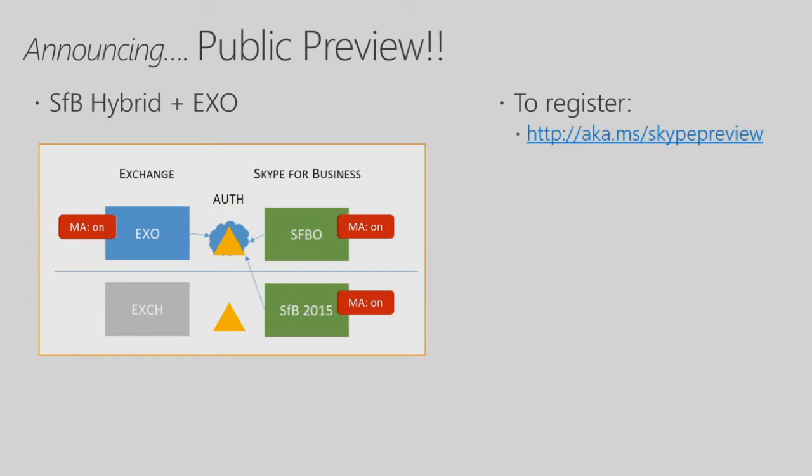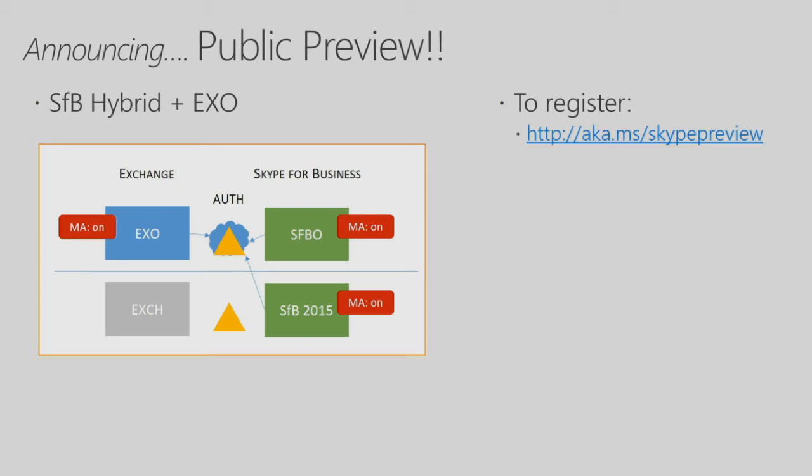So what I'm happy to announce is that today we are announcing public preview support for Skype for Business modern auth on-prem, all right? Even though I cannot yet support the entire configuration, if you only have Exchange Online instead of hybrid, then we're going into public preview, okay?